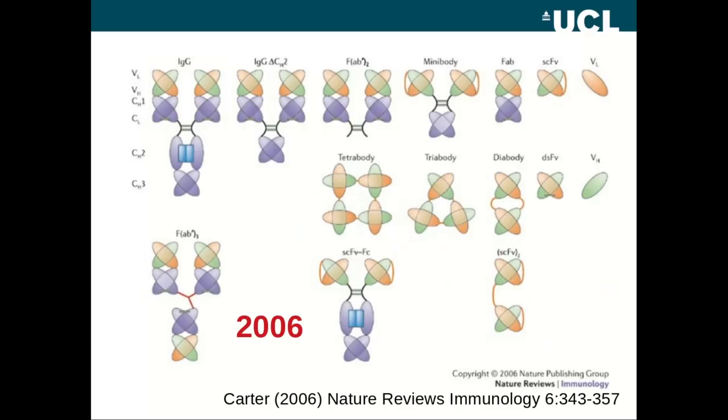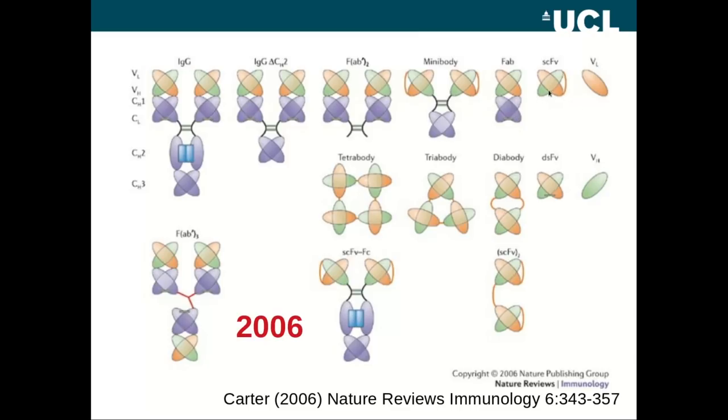So top left here we have a standard IgG antibody. Here we have one where the CH2 domains have been removed. Here we've got a Fab prime. Here we've got what's called a mini body. We've taken out the CH1 and CL domains and just got the CH3s. Here's a Fab. We have the single chain Fvs, as we've seen.